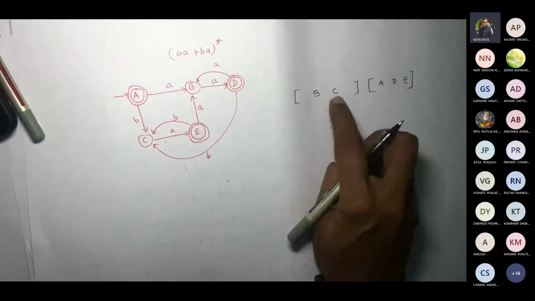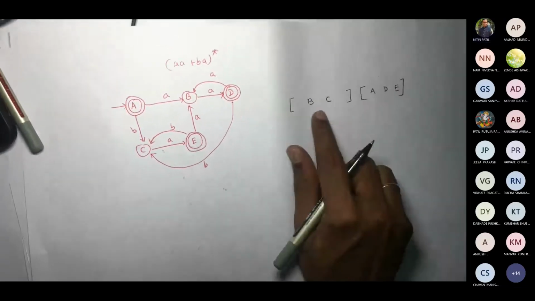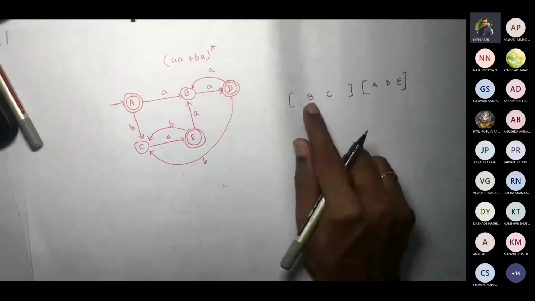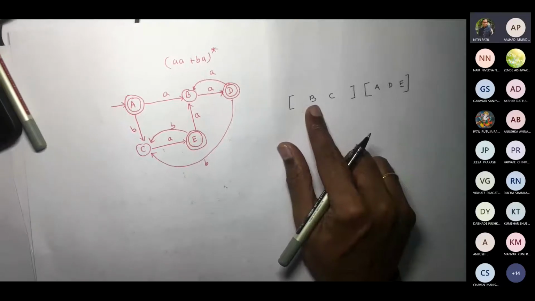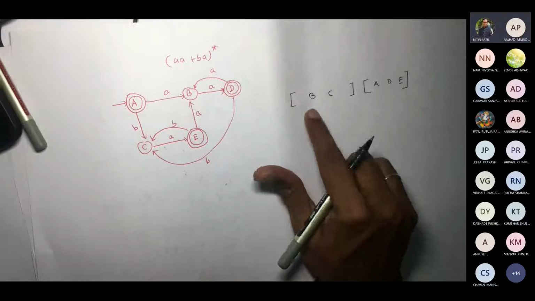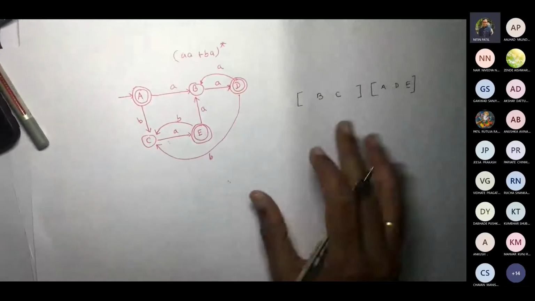See, B and C with A, they are going to the same group, correct? But for the other input B, do we have any transition from B with B? No. For C with B, no. But they are going into the group. So if you keep them as one, what will happen?